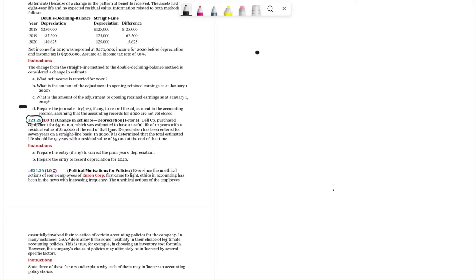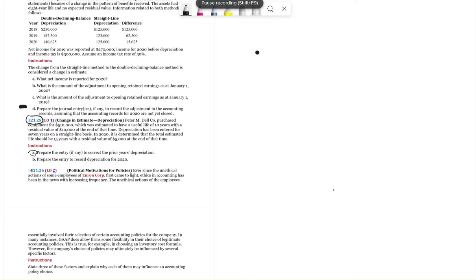This exercise is a change in estimate. If it's a change in estimate, we need to treat it prospectively. So before I even do anything, if it's a change in estimate, we do not need to make any entry for the prior years.